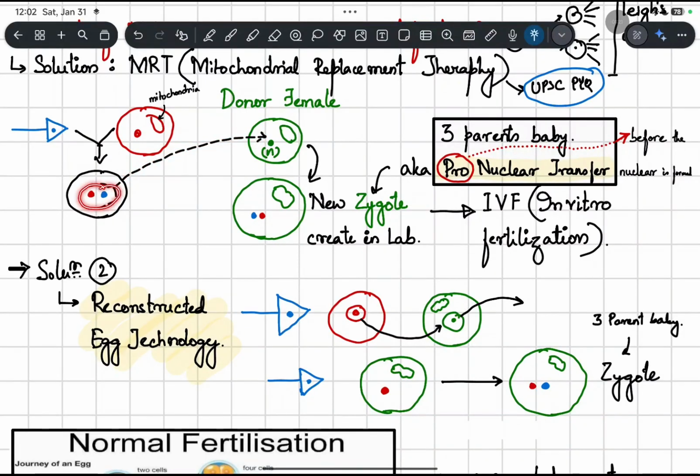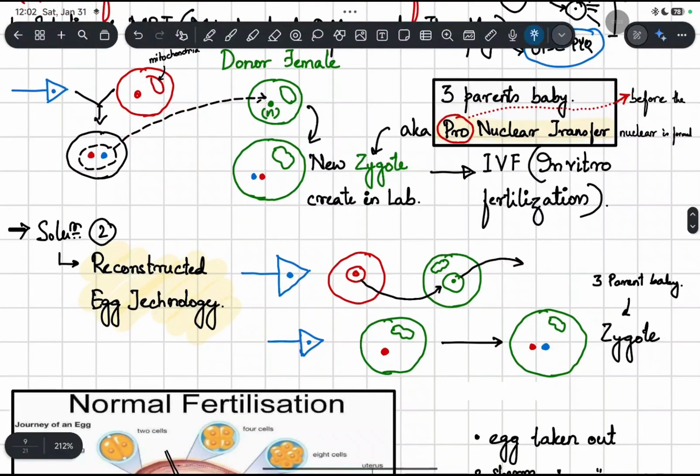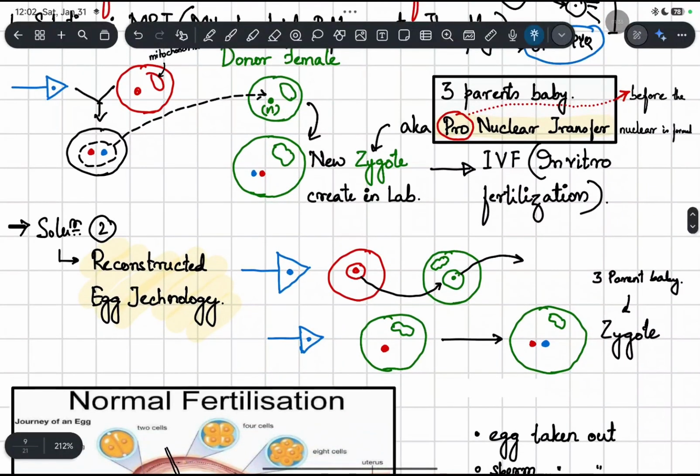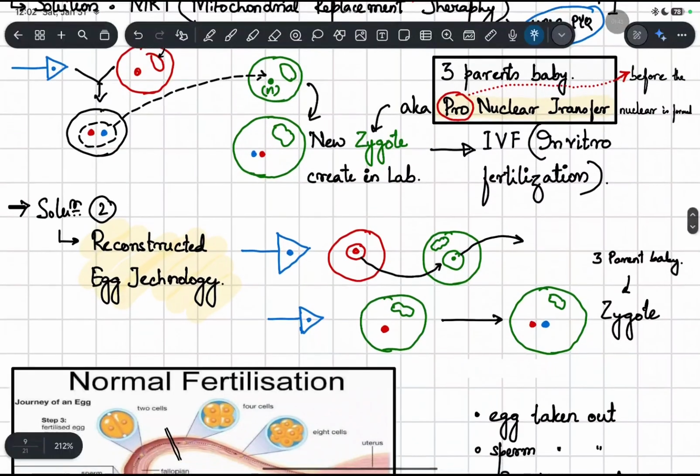So this nucleus will be replaced by this nucleus. Now the new zygote that is being formed has the correct, good mitochondria, and it has the mother's and the father's nucleus, right? The 2n configuration nucleus, right?